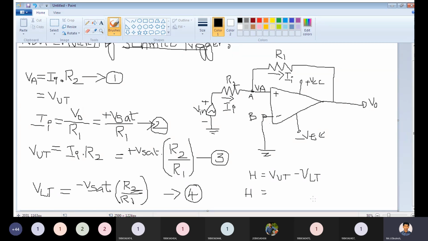Hysteresis H, the width of hysteresis, once you substitute equation number 3 and 4 in the equation number 5, then you will get 2 V saturation into R2 by R1.